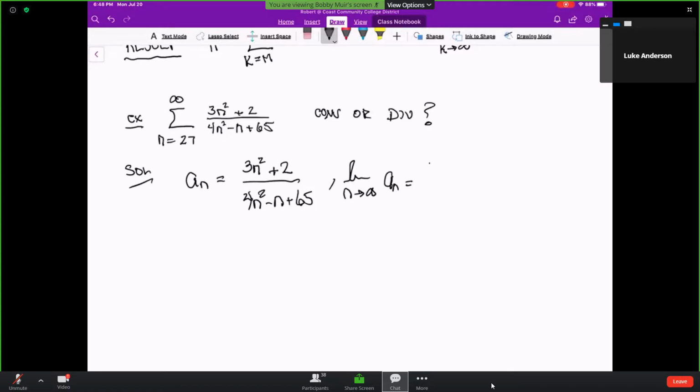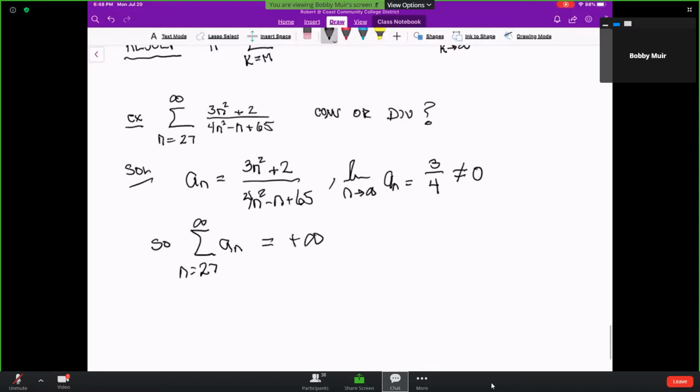Yep, 3/4. That does not equal 0. So this means that the sum from n equaling any number, who cares, 27 to infinity, of the a_n equals positive infinity, or it diverges.